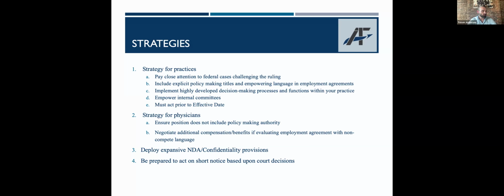And let's say you're in a position where you have an employee that you value. There is an argument that we could craft employment agreements that put them into a position of policy making authority in order to have those restrictive covenants, that non-compete, be enforced. It's a bit of a gamble, obviously, because you are ceding some control by definition by granting that person a policy-making position.